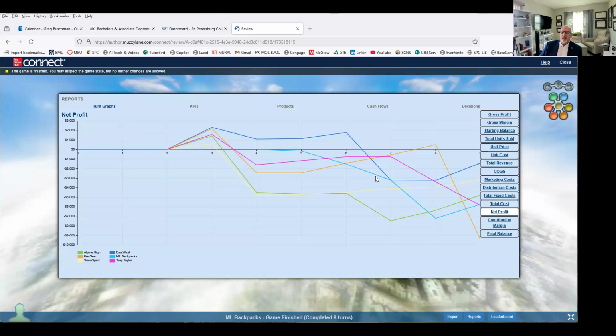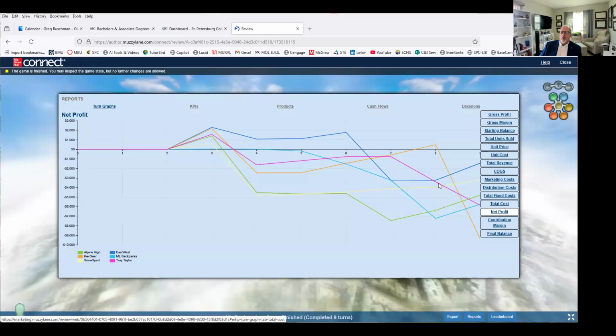And then they made some bad choices in the last few turns. The light blue team and green team have made some catastrophic choices in regard to the final balance in their bank accounts. Most of them are losing money.